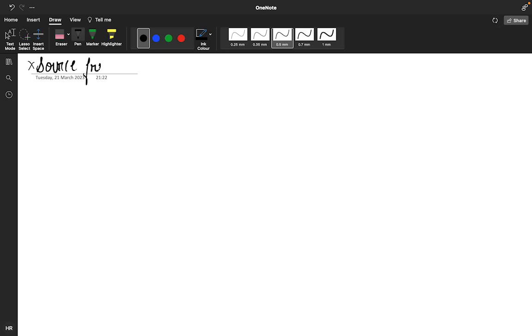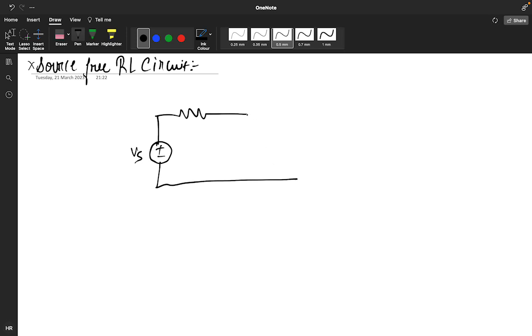Source-free RL circuit. Okay. So suppose you have some network like this. Earlier it had a source, positive, negative V of S, and the source was connected like this to the inductor.